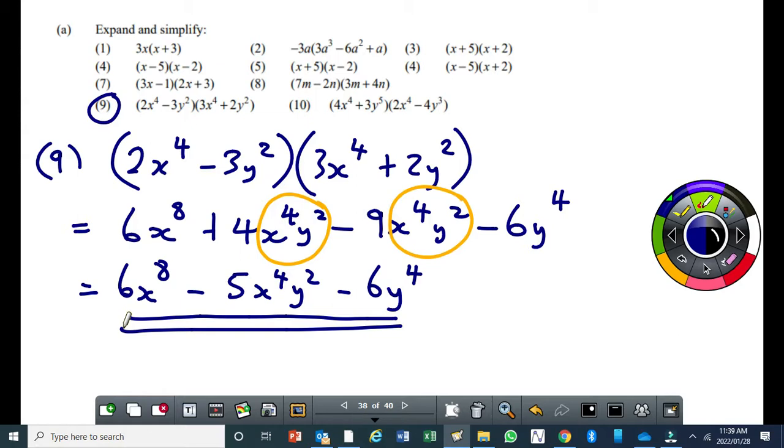When you are adding algebraic terms, the letters don't change, the exponents don't change. What changes are the coefficients. When you add, the coefficient will change. So here you can't say 4 minus 4 is 0. No. You can't say 2 minus 2, 0. No. You concentrate on the coefficient.